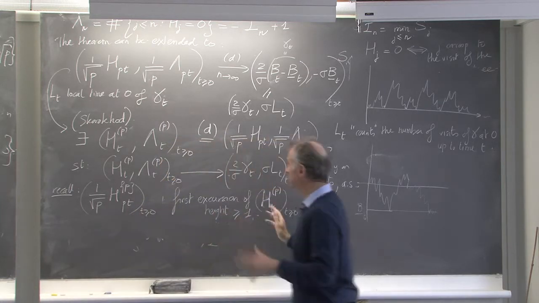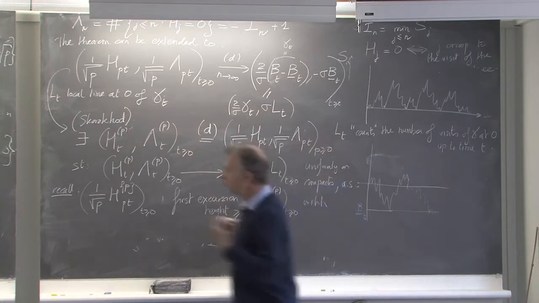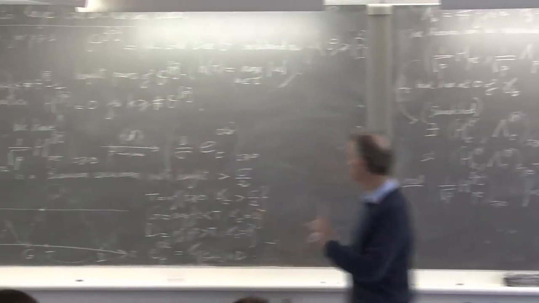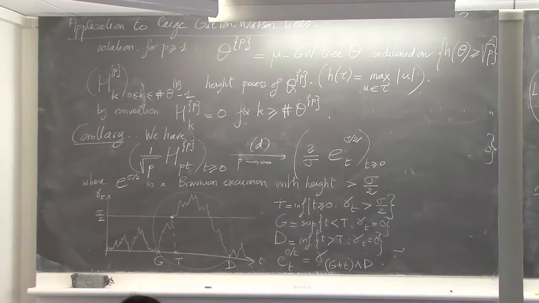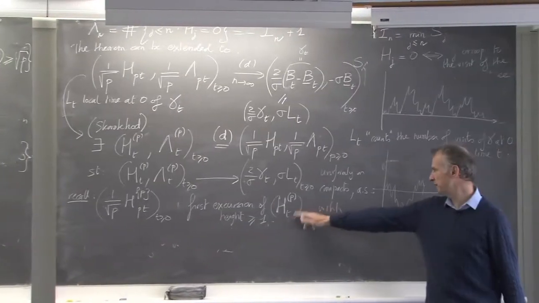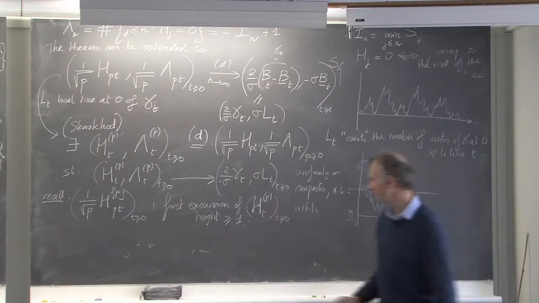I just change it. They have the same distribution. So I want to prove a convergence in distribution, so I can change each of my variables with one having the same distribution.